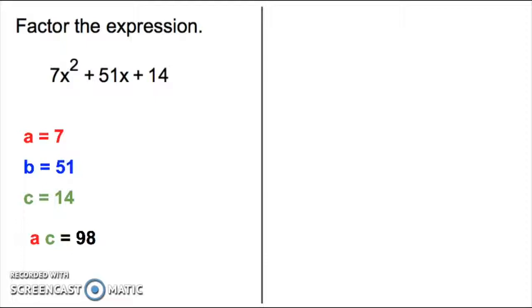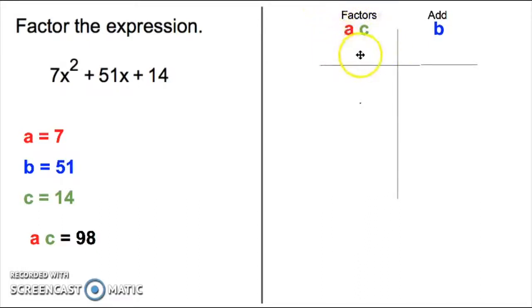Okay, now I can make my factor chart. So I have AC being here as my factor, and B, my middle term, is going to be the sum. So my factor, we want to multiply up to 98, and we want it to add up to my sum of 51.